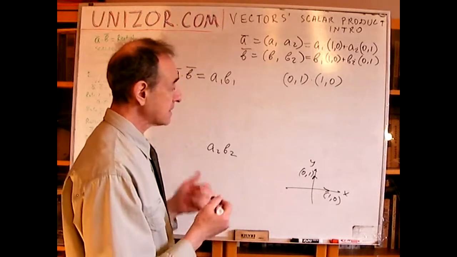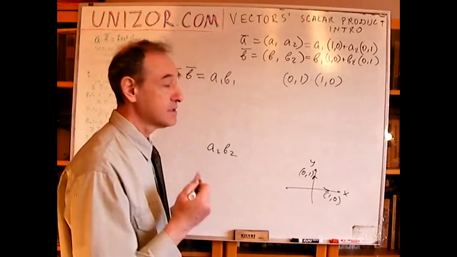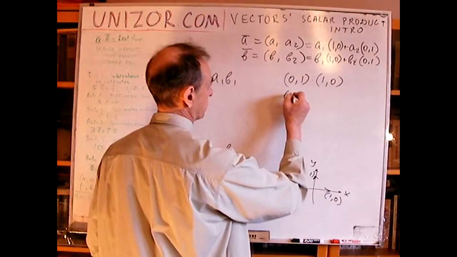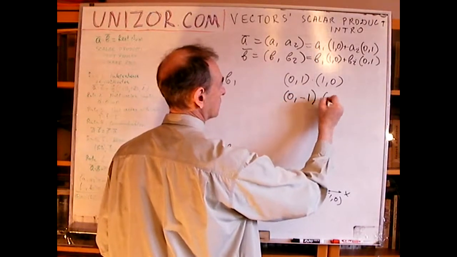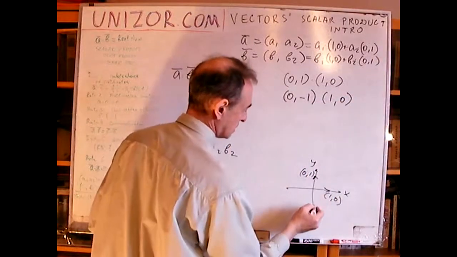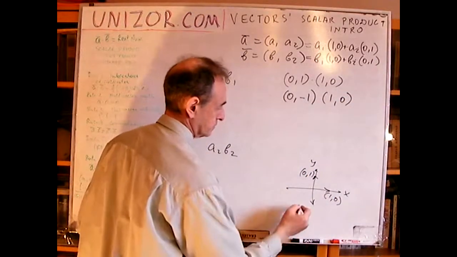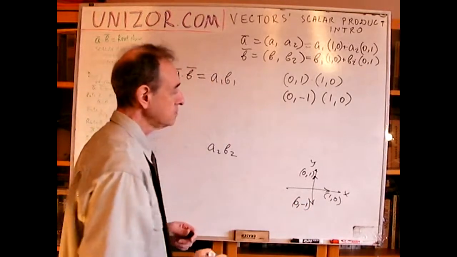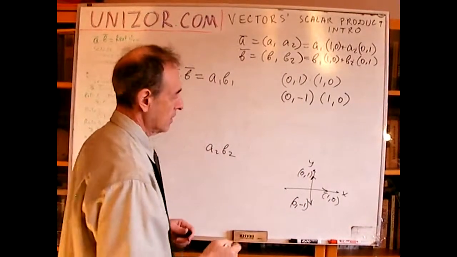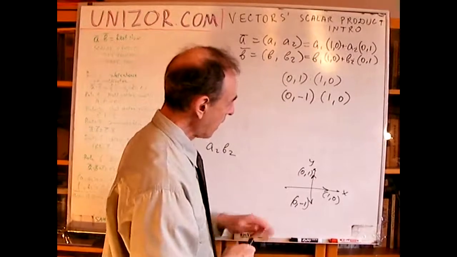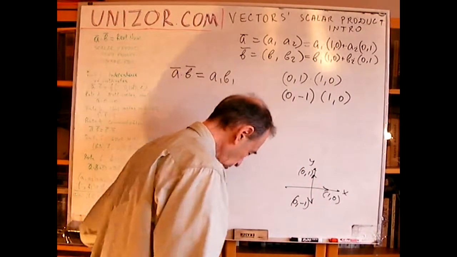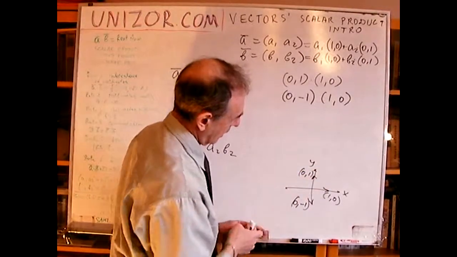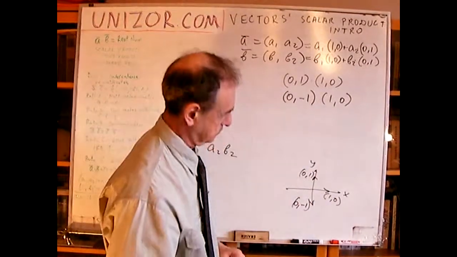So let's consider a different case. Let's consider this case. Minus (1, 0). It's this one. It's (0, minus 1). Now, let's compare this pair, this pair and this pair.